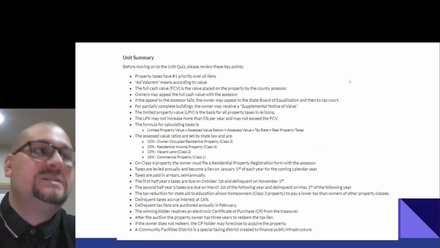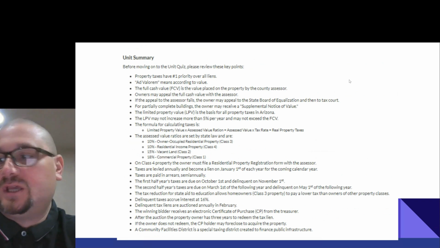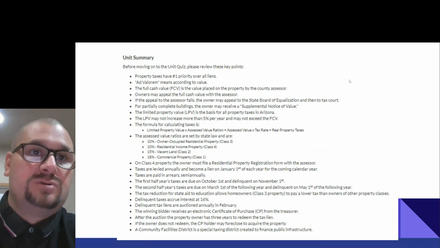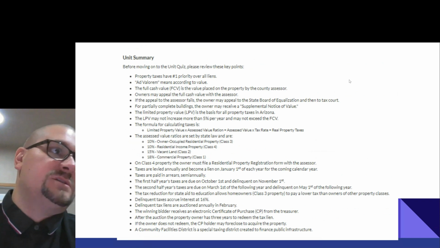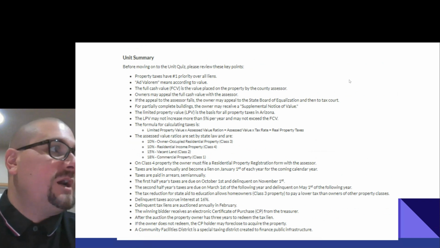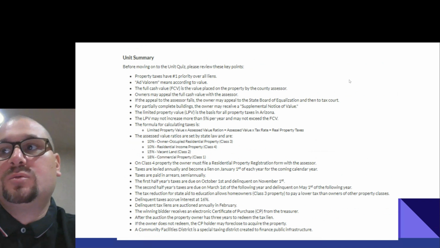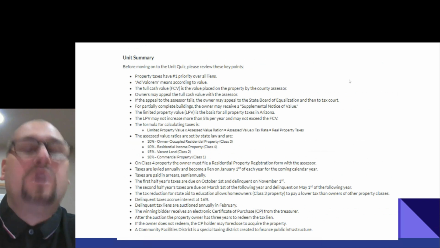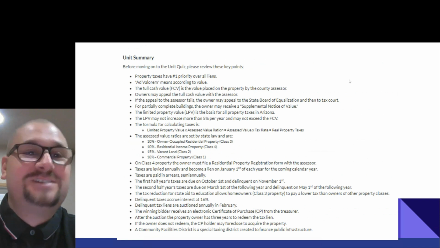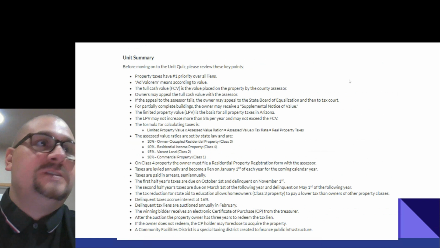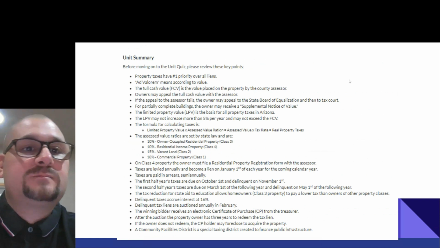I have an uncle who lost his house because he didn't pay his property taxes. You always need to pay them. They're the highest level of priority and take precedence over everything else.